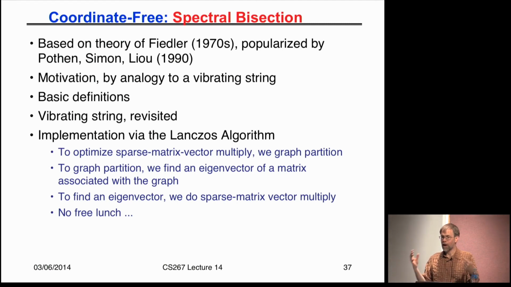We're going to do that for arbitrary connected things, so trampoline or whatever you want. But it's going to be the same physical notion. We're going to solve that physics problem. What are the modes of vibration? We're going to solve that exact physics problem. And we're going to take the second lowest frequency and use that to divide the vertices, the ones that go up and the ones that go down. And it's going to turn into finding eigenvalues of a matrix that's called the Laplacian.